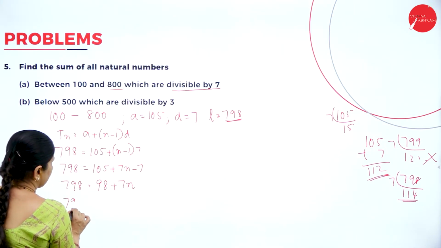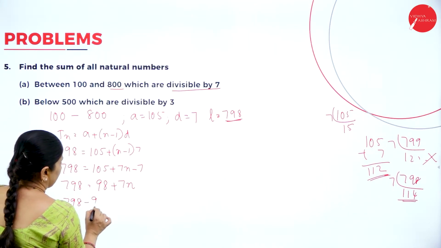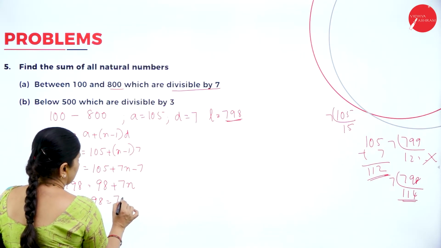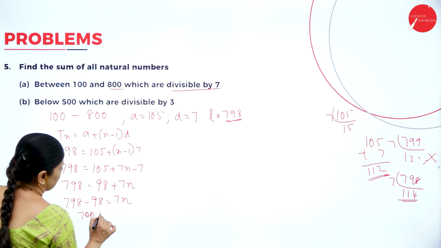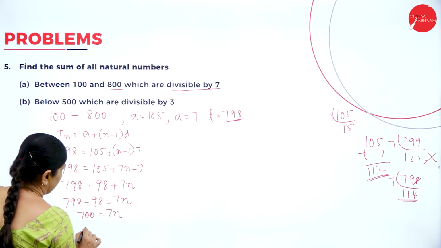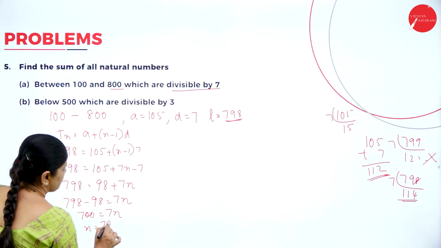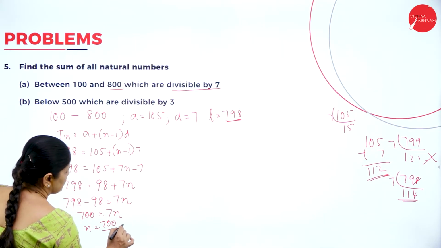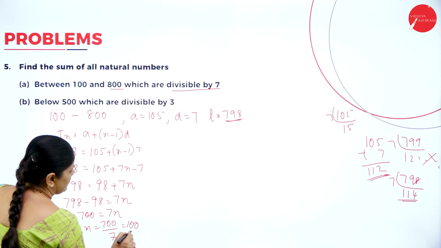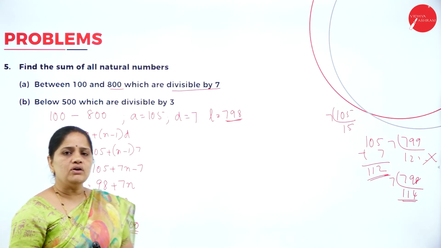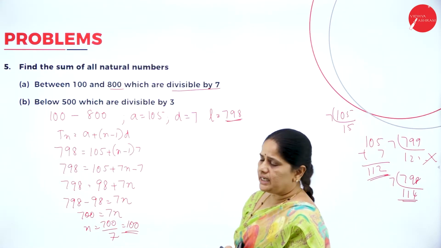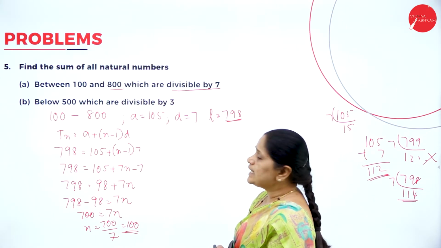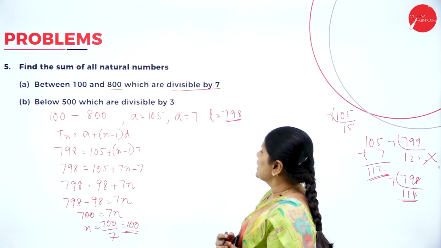So 798 minus 98 equals 7n. 700 equals 7n, n equals 700 by 7, that is 100. So it is the 100th term of this progression.